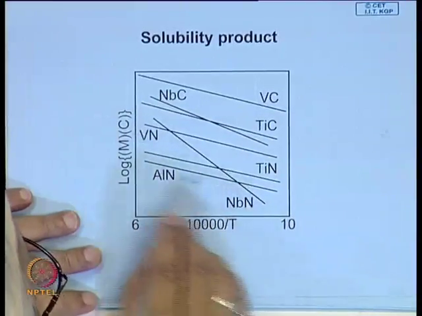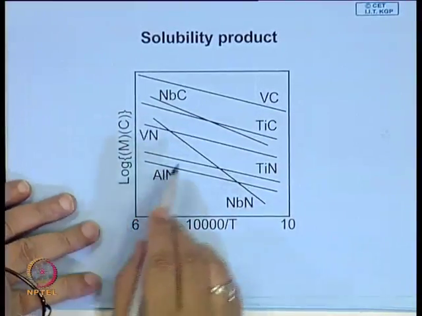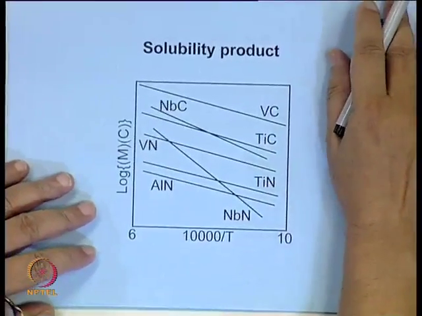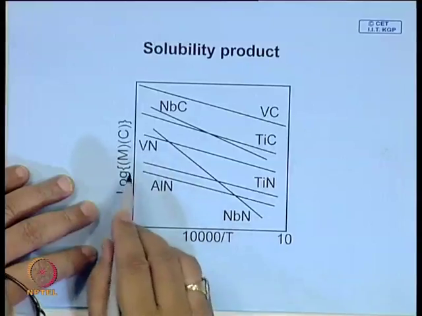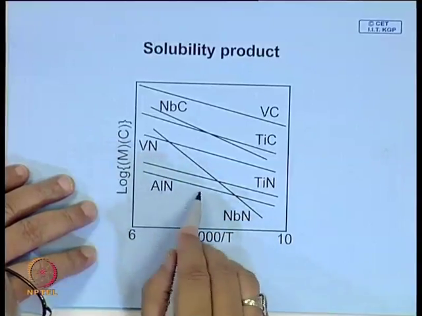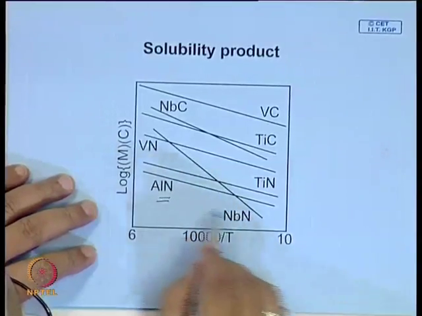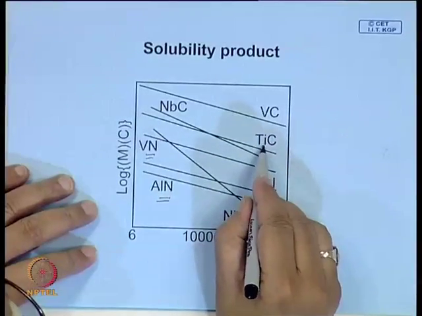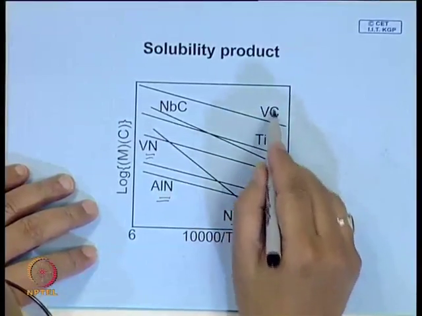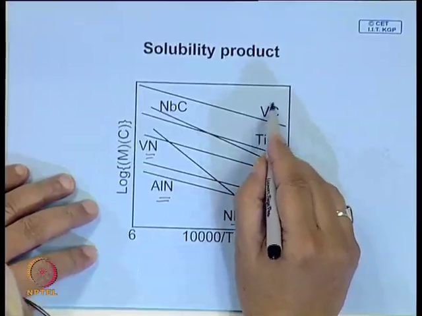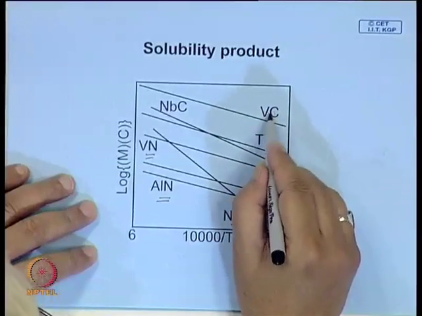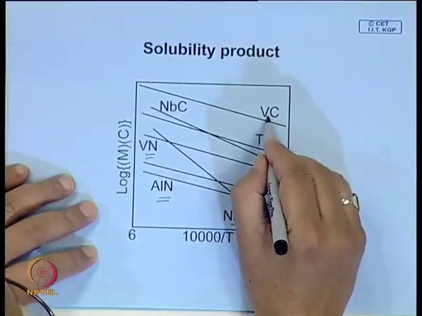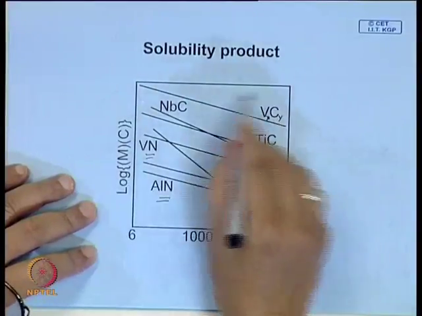So, which is shown over here, and we have seen the lower the solubility product, the better or more effective is the dispersoid. If you look at the solubility product, you find these nitrides are much more effective because their solubility is less. Relatively, carbides, these are approximate compositions, this need not be exactly VC, it could be some numbers here.